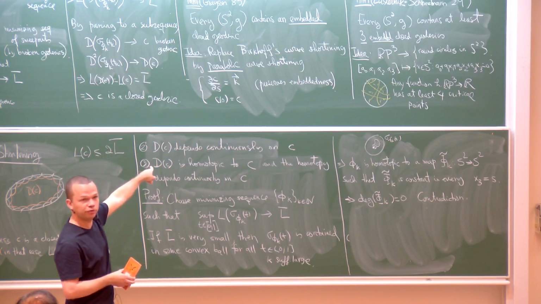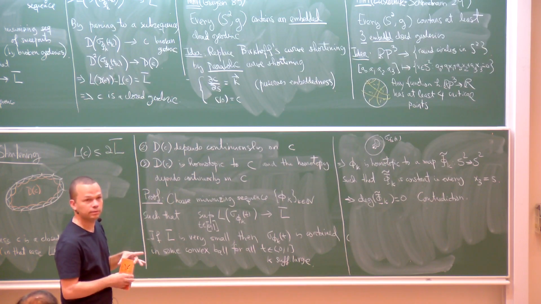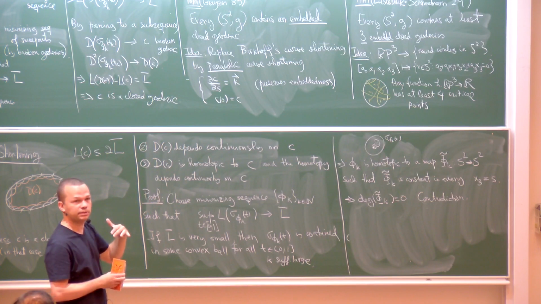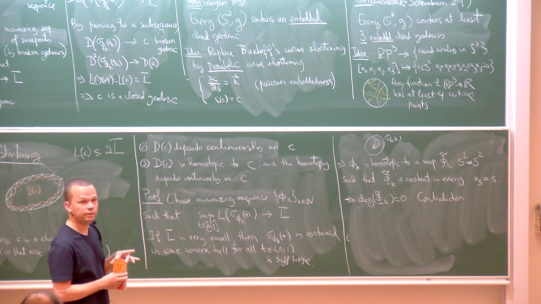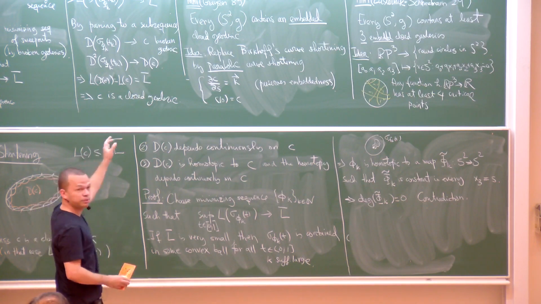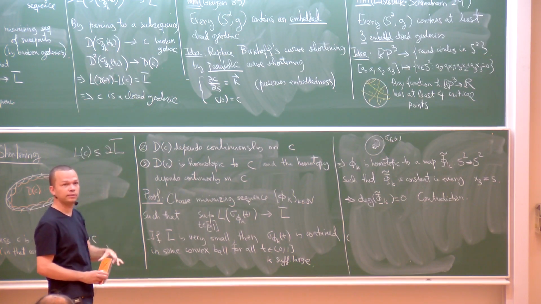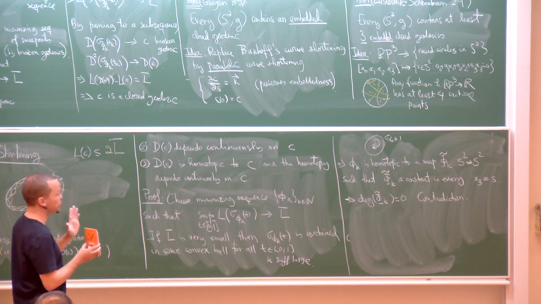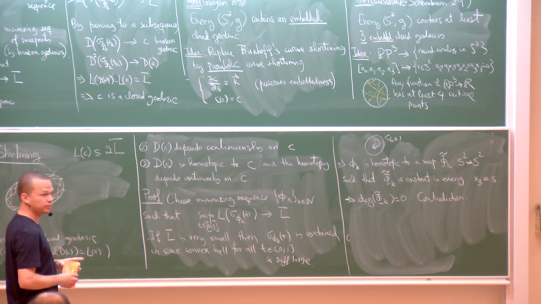You get a non-trivial closed geodesic. It's two steps. Yeah, because otherwise the closed geodesic could be just a point. To make sure it's not trivial, I need L bar to be positive.